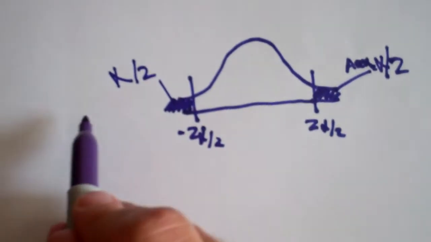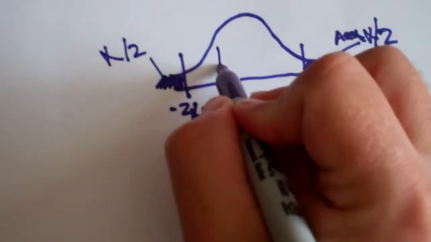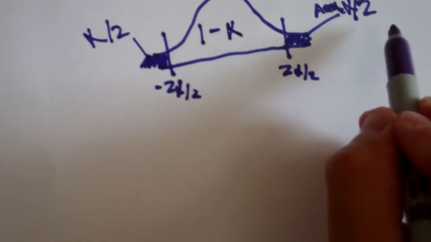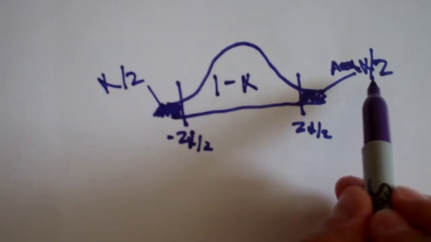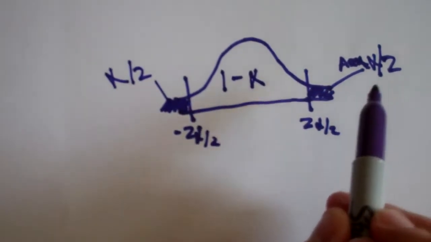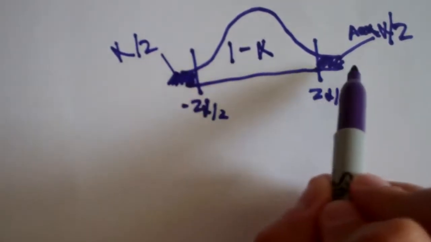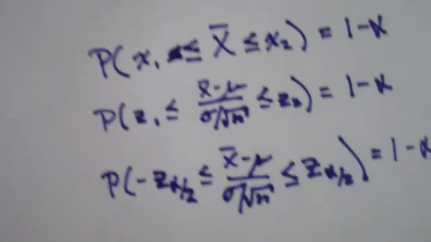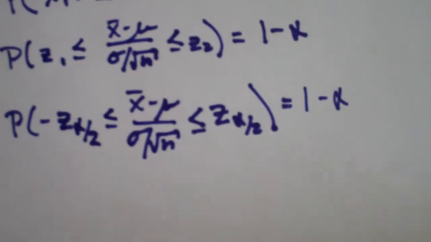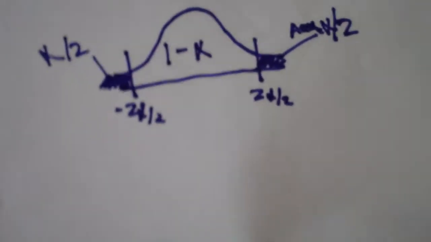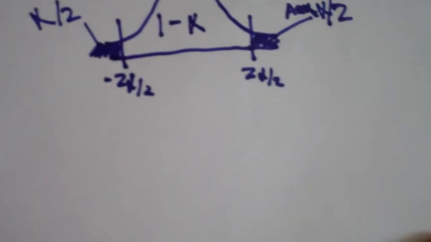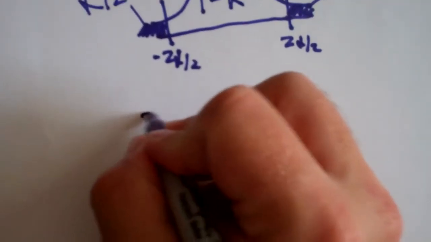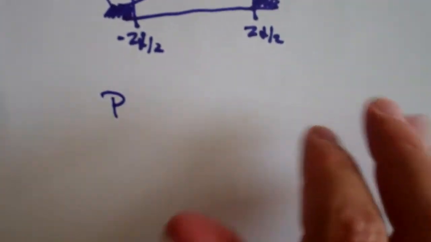And so that means because the entire area under the curve is 1, I take the entire area of 1, subtract alpha over 2 times 2, gives me an area of 1 minus alpha between those limits, which is the probability that we were looking for here. So those values of z above and below our mean can be used in our confidence interval calculation.